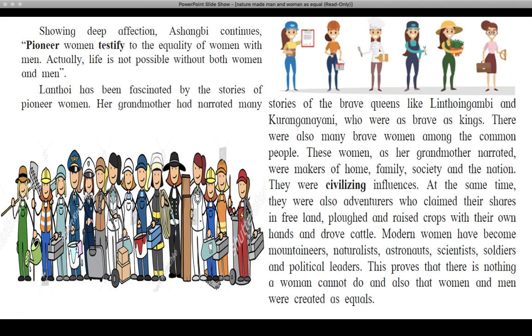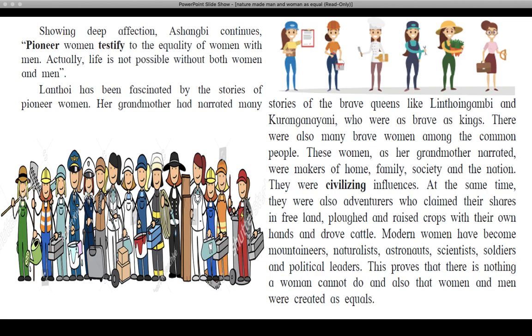So we get to see that not only in the olden days but even today, women must be given equal status in society, the same as men. This proves that there is nothing a woman cannot do, and also that women and men are created as equals. So now we can say that women are almost in every field.